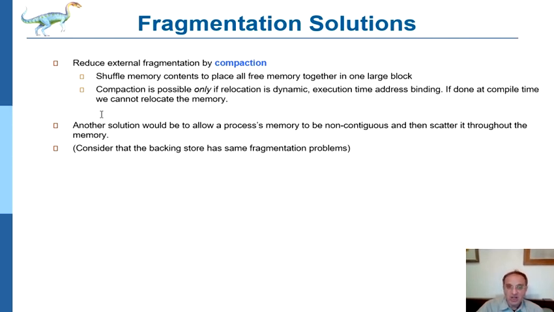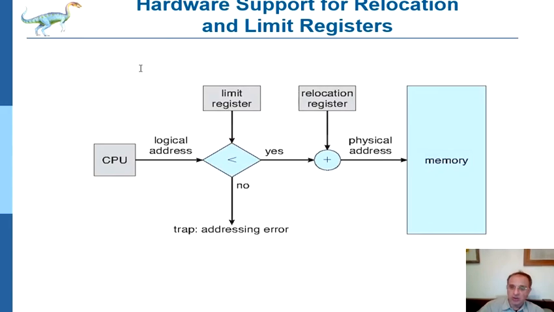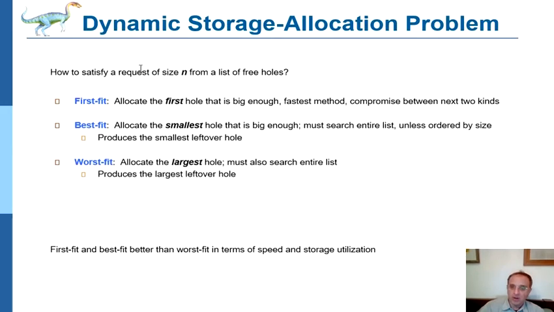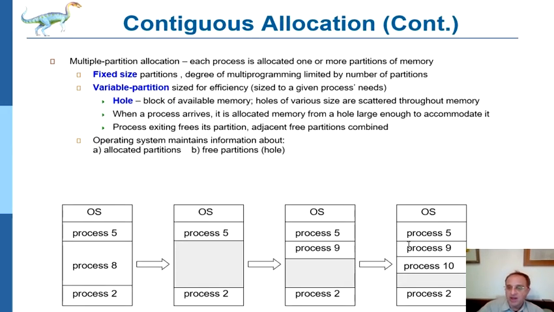All these slivers. So the answer you may have thought of already is to do something called compaction. If you go back to this picture here, imagine that again 9 has gone out, and there's just 5 and 10 and 2 here.